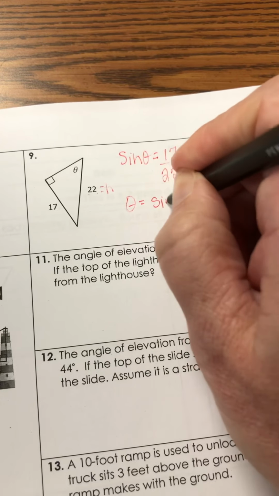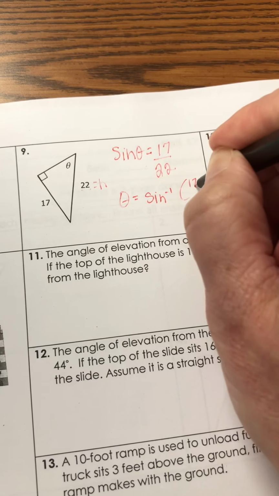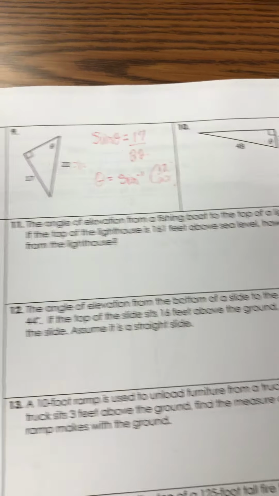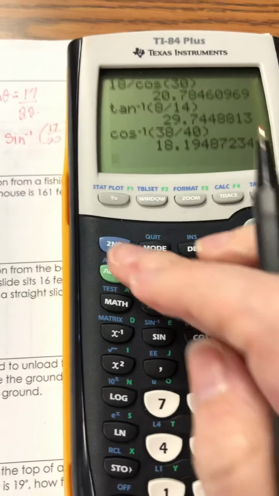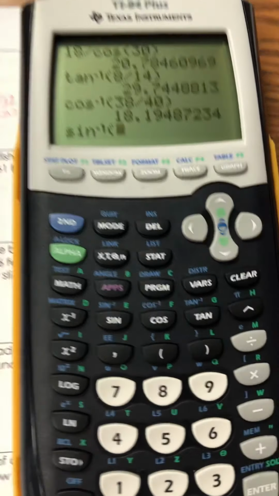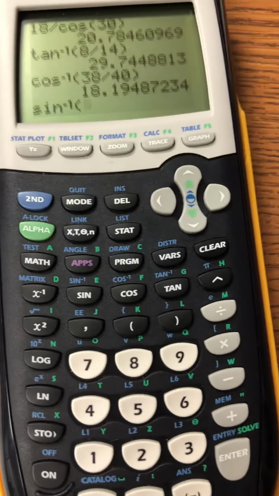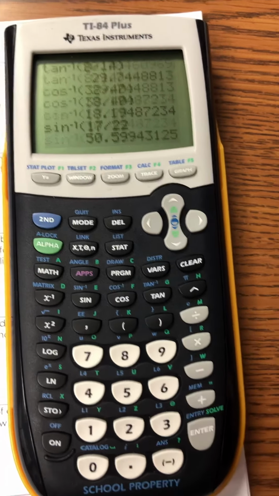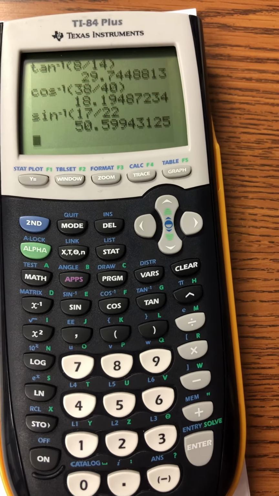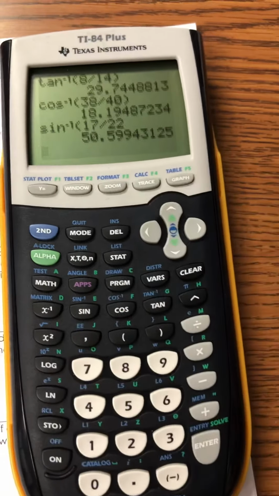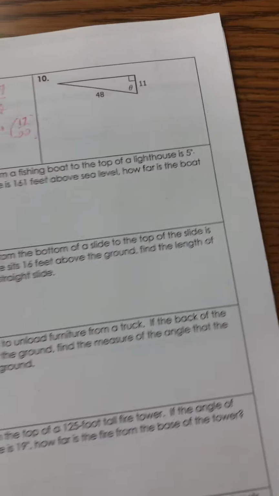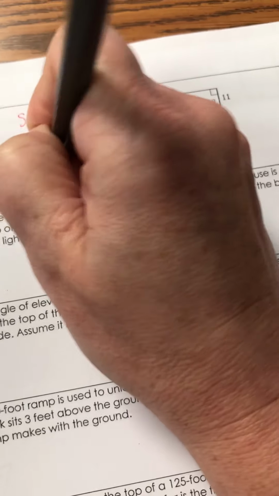So sine -1 of 17/22. Let's do second sine. So I'll get my inverse function of 17/22. That's going to give me 50.6. Don't forget this is an angle, so theta is equal to 50.6 degrees.